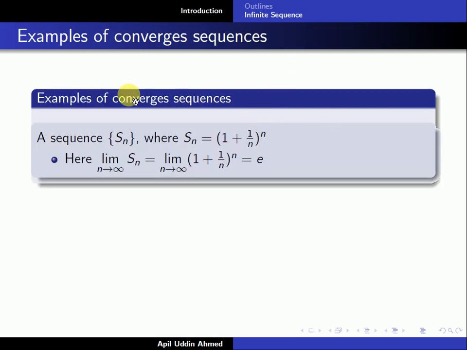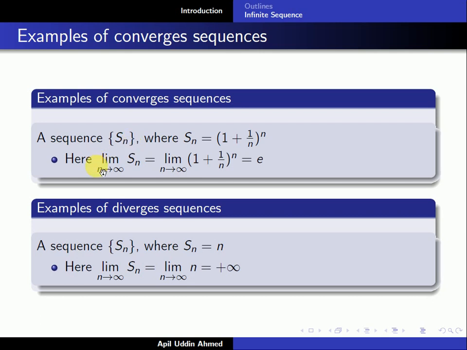Here we consider some examples of convergent sequences. Consider a sequence Sn, where Sn equals this one, and if we take this limit value, then this limiting value will be e, and since e is a finite number, this implies the sequence Sn is a convergent sequence.